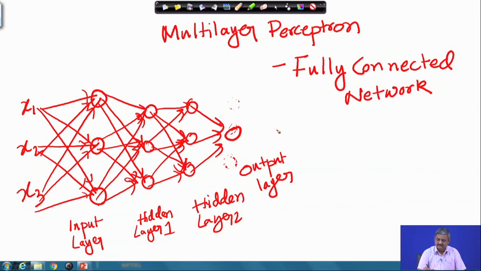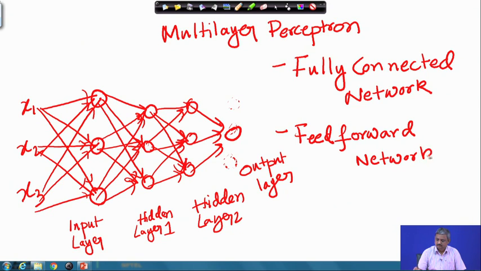So, this would be called a feed forward network. This is a feed forward network, because it feeds forward, no back link. There is another class of network which has backlinks, which are called recurrent networks, which is also a very important class of network, but I am not covering that right now.